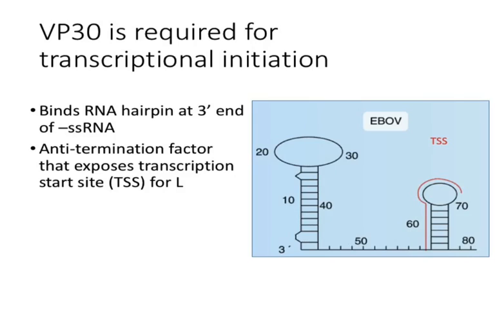So one of the things that seems to be involved in the transition from transcription to replication or vice versa involves the presence of VP30 to control that process. I bring this up not to know the details so much, but just to highlight that there's a lot of complexity in the ways that gene expression is controlled.